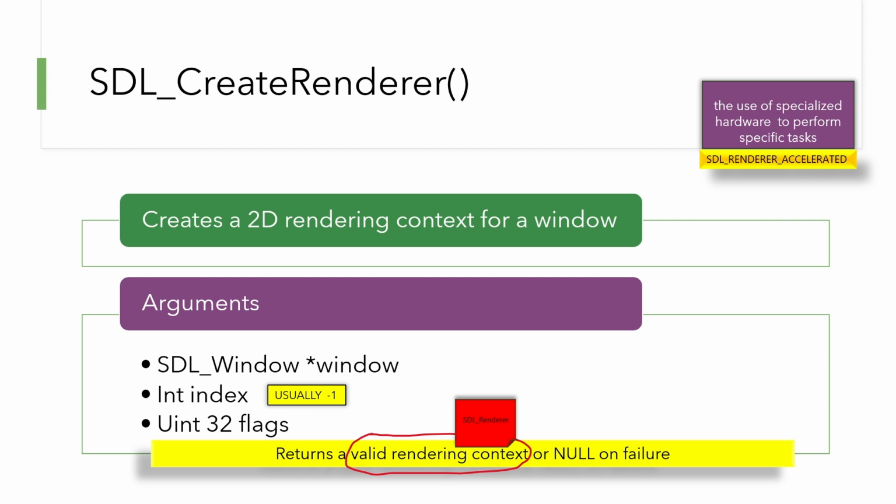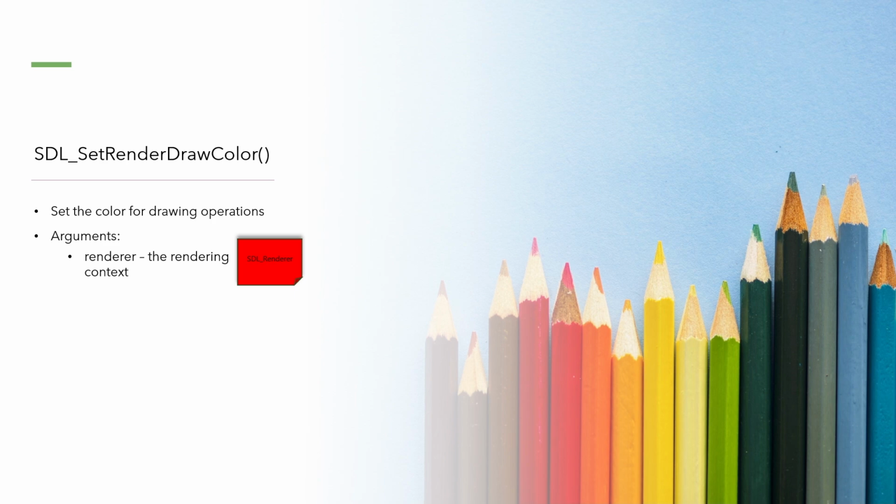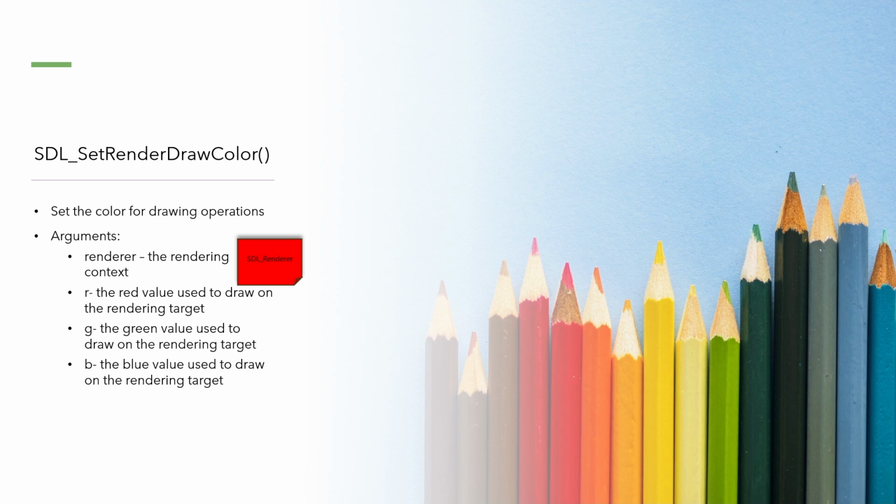Once this structure is created, we can then proceed to use it in a function like SDLSetRenderDrawColor, which is going to set the color for our window. Now, of course, there are arguments. The arguments will be the rendering context, which we know now is the SDLRenderer type structure. We also need to provide the red, green, blue values for the color we want for our window.